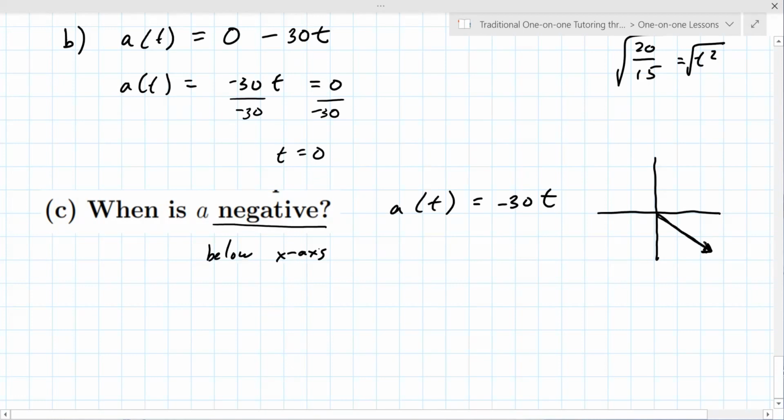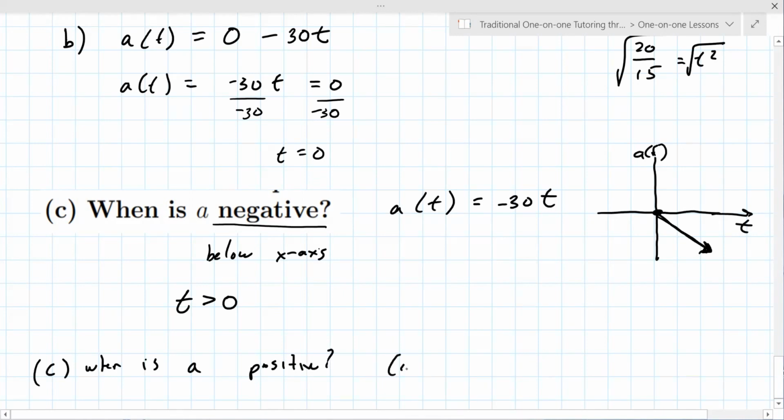See how it's always below the axis? So when t is greater than 0, this is t equals 0, and this is really the t-axis. It's not x, but they use t in this class. When is a negative? And then C also asks, when is a positive?